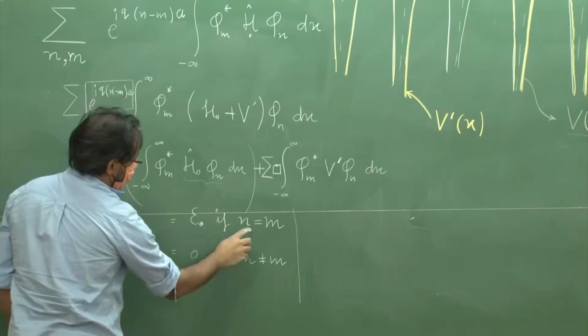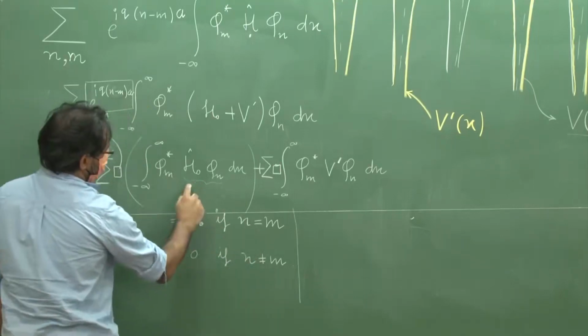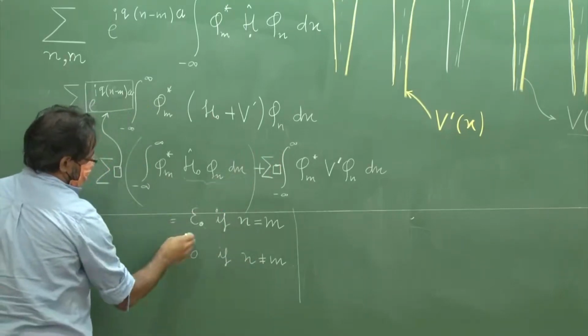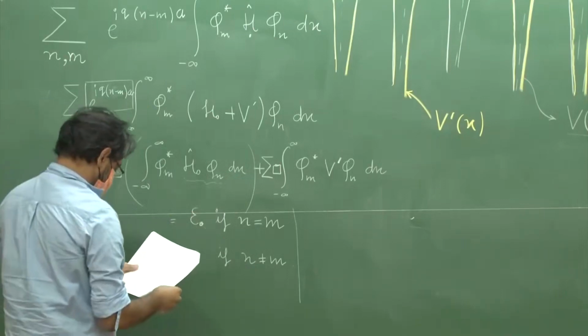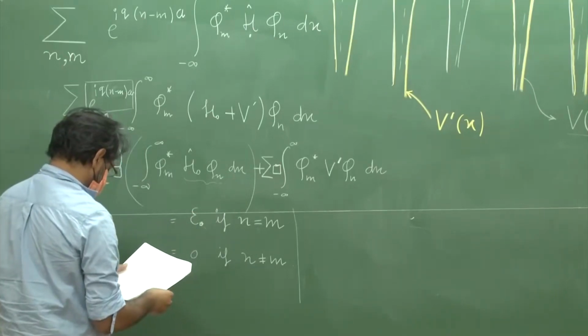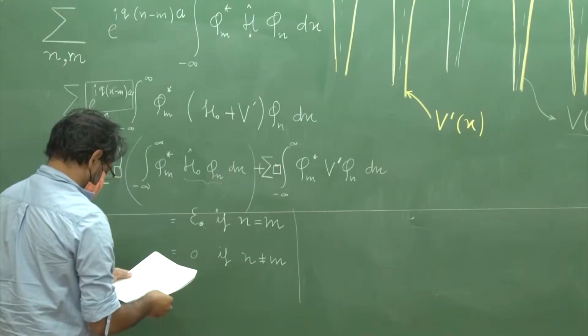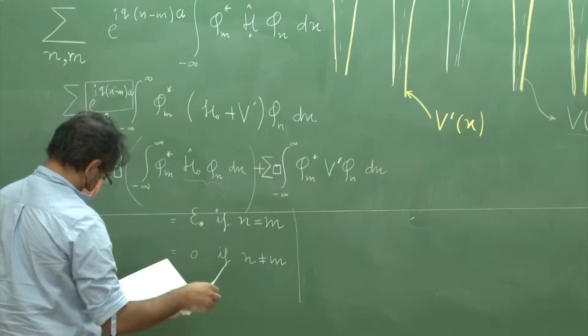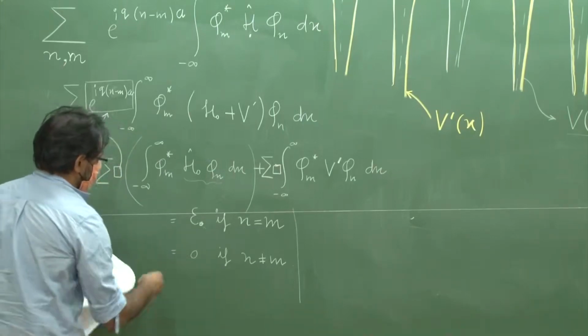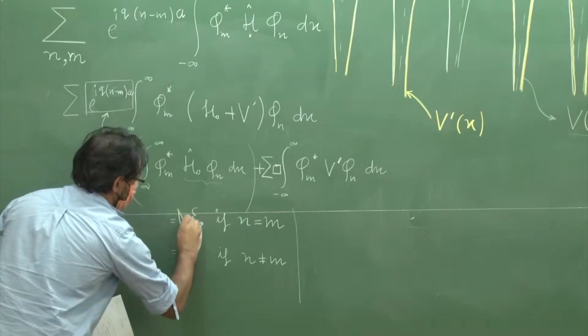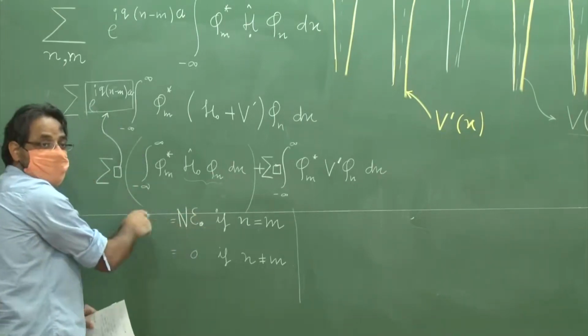And once again, when n is equal to m, you will sum this over n sites. So this will be n times E naught, right? Because you are summing it n times.